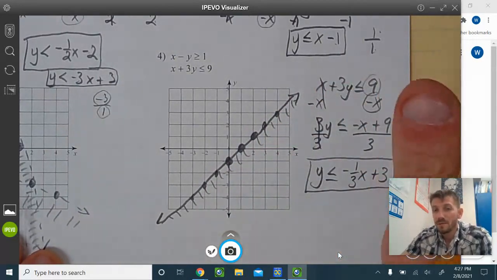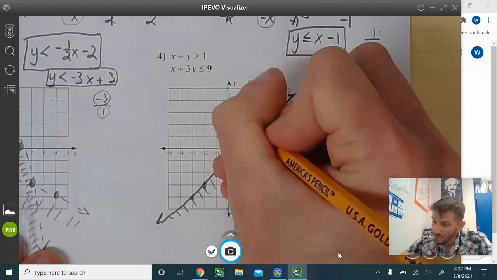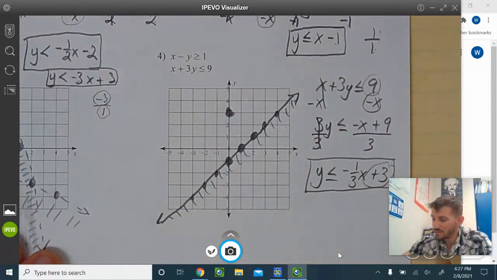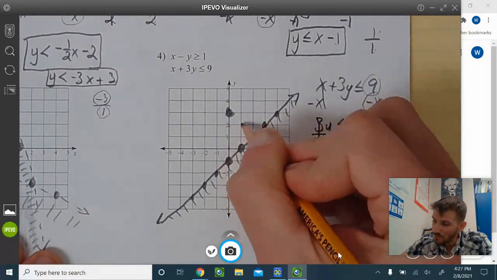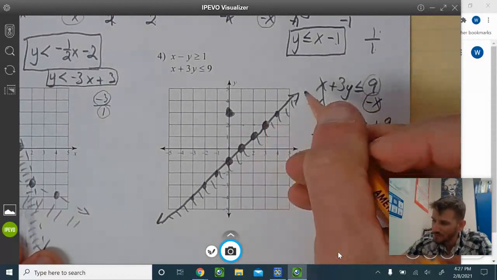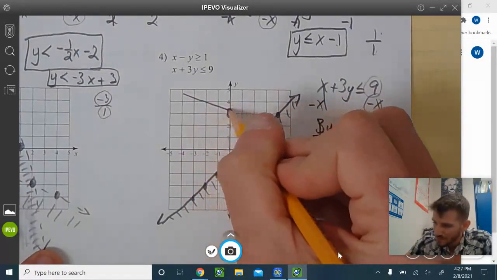All right. Second line starts at positive 3. There it is on the y-axis. And we're going to go down 1 to the right 3. There it is. And it is a solid line as well because it is underlined.